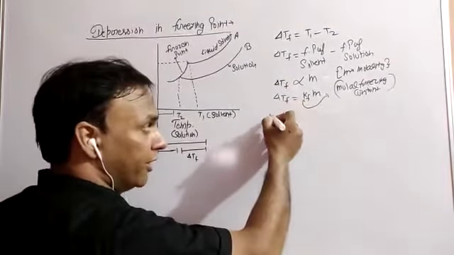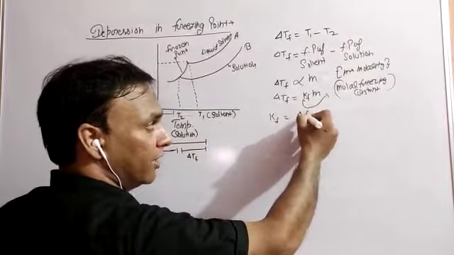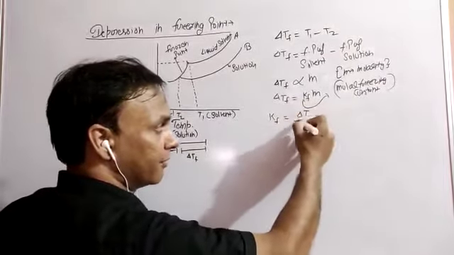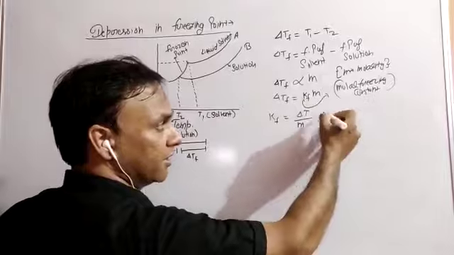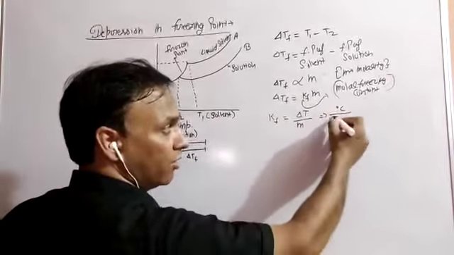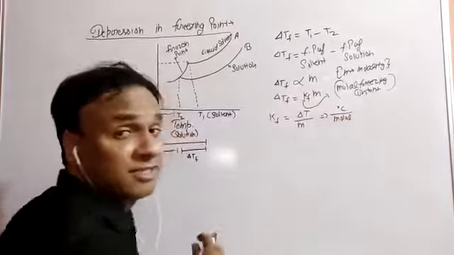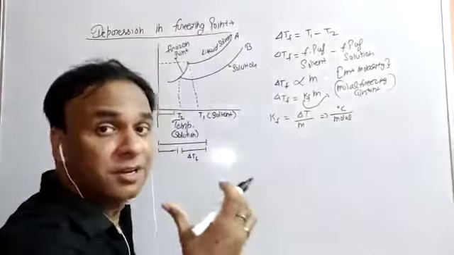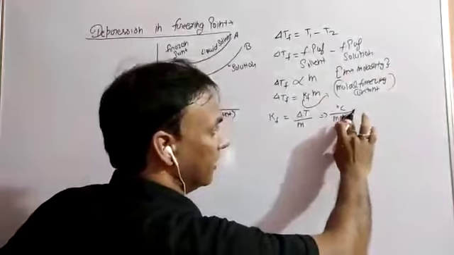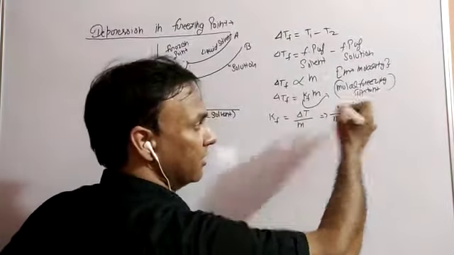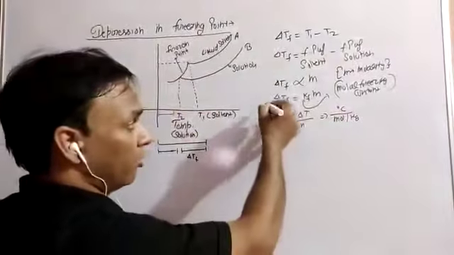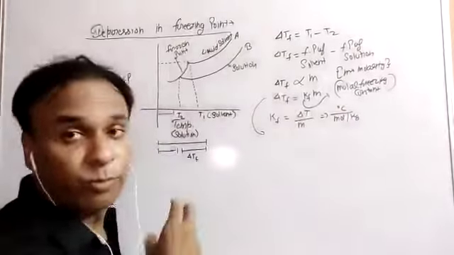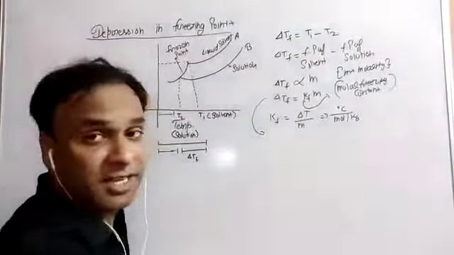When we talk about the unit of KF, KF is equal to delta TF upon m, means its unit is degree Celsius per molal. Molal means the unit of molality, means mole per kg. Clear? It can be written as mole per kg. Got it? Now we can calculate the molecular mass of the solute by this expression as well.